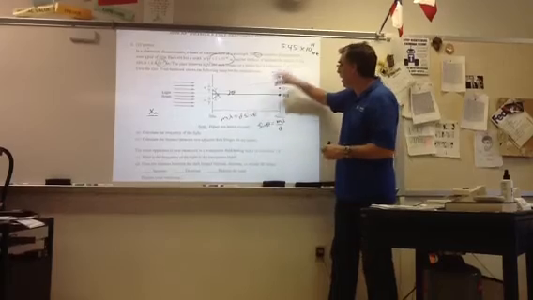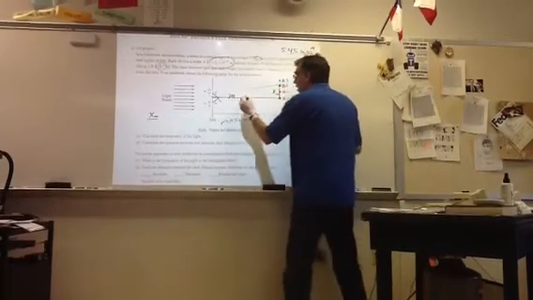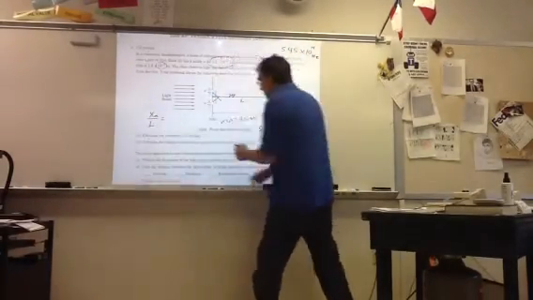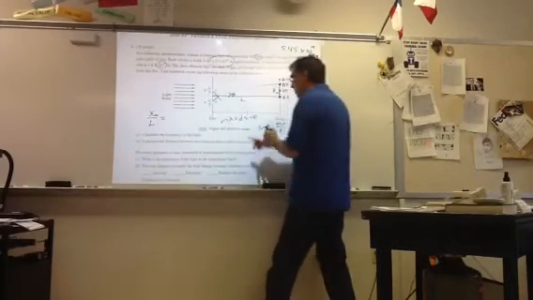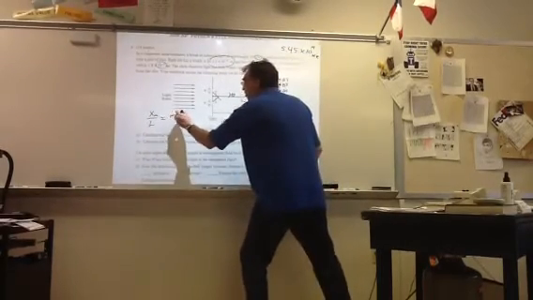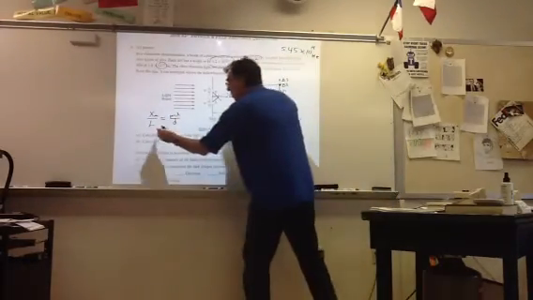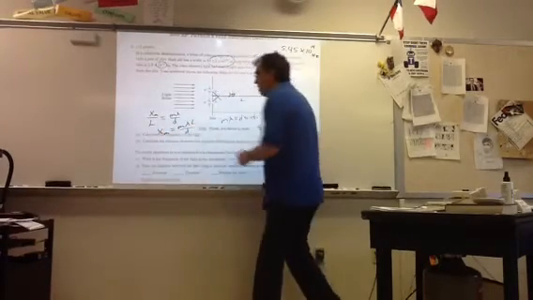Tangent of theta is opposite over adjacent, so from here to here, that's x_m over L. But it's not equal, is it? Approximately equal to the sine of theta, which is m lambda over d. And I'm solving for x_m equals m lambda L over d.